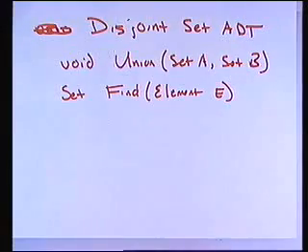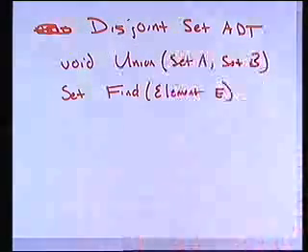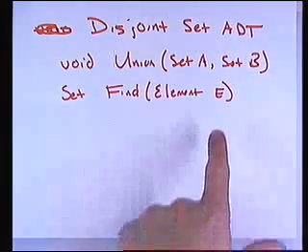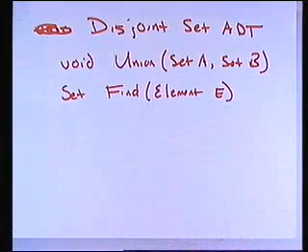But conceptually, this is what we're trying to do. We want to be able to union two sets, and we want to say, given an element E, return the set that it's in. Those are the core operations we're dealing with. We also, of course, have constructors and adding a new element to the universe and things like that. But these are the two core ideas.